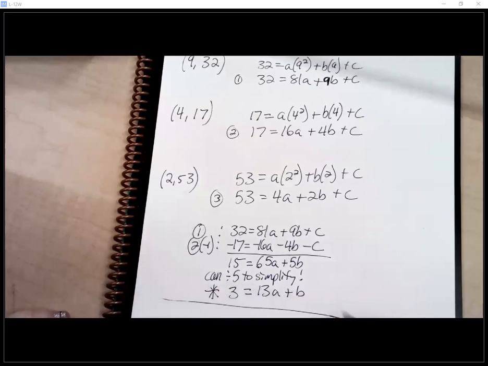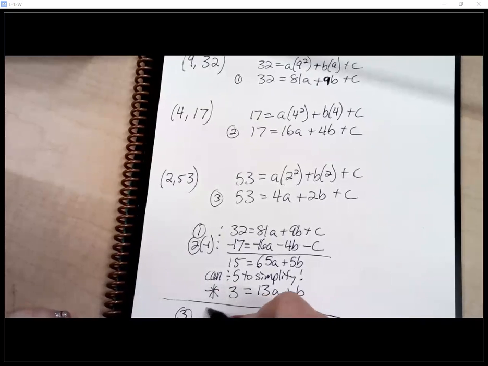All right, and now I'll just find my second start equation. By taking that third one, I have to use the third one because I haven't used it yet. You can multiply both equations by something if you need to.